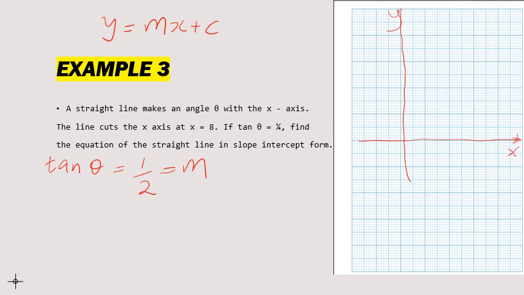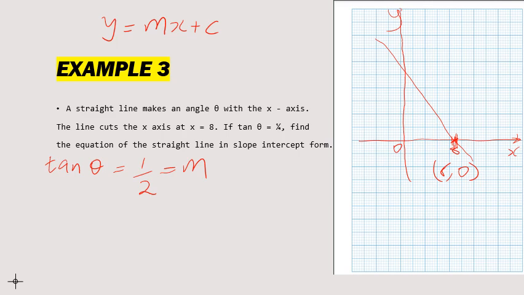Any line, wherever it's cutting x, it's obvious y is 0, which means this point, in this case they're saying it cuts at 8, so it's x is 8, y is 0.